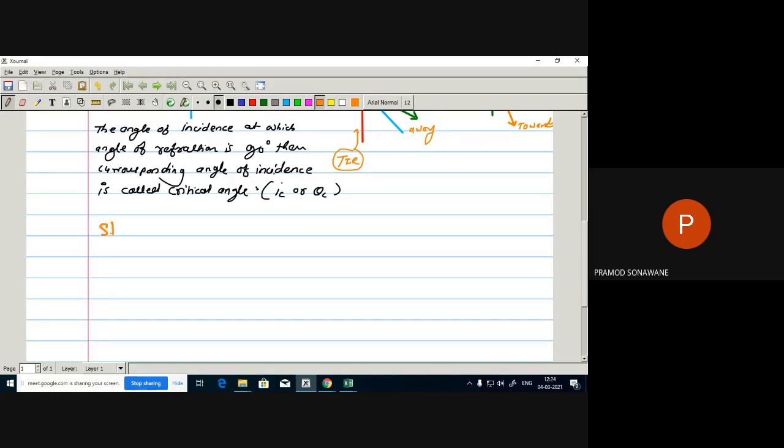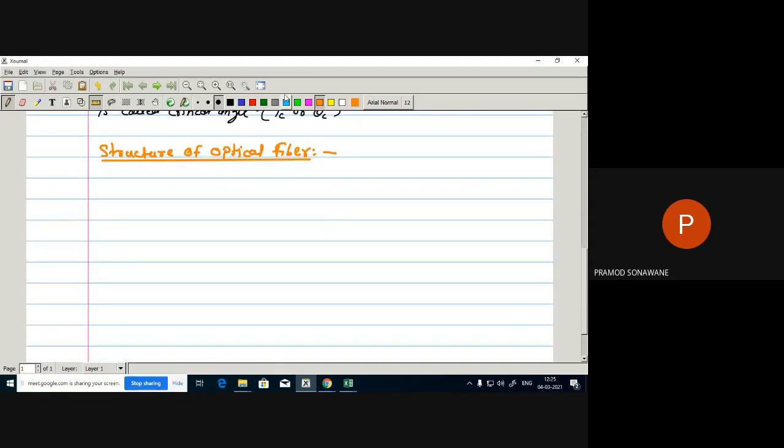structure of optical fiber. So structure of optical fiber. Have you seen the optical fiber? Anyone? किसी ने देखा है ऑप्टिकल फाइबर? सर डेकोरेशन के लिए यूज होता है वो देखते हैं। No, sir. ठीक है.